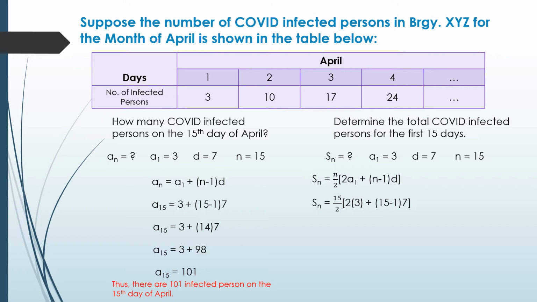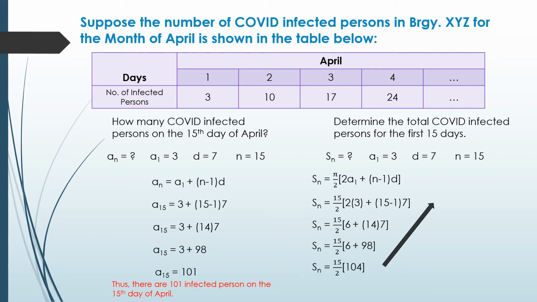So 2 times 3 is equal to 6, while 15 minus 1 is 14. So we have there 6 and 14. 14 times 7 is equal to 98. If we add this to 6, the result will be 104.